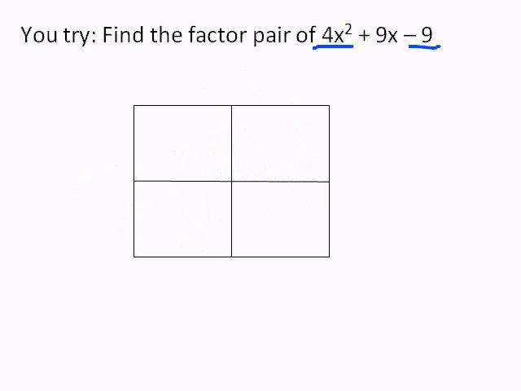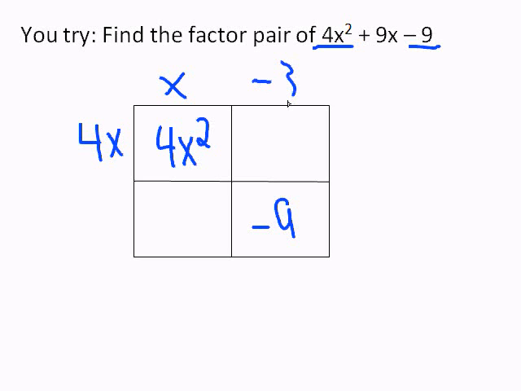So the other factors of 4x squared are 4x and x. So again, let's just try negative 3 and 3. So 4x times negative 3 is negative 12x, and x times 3 is 3x. When we combine our middle terms, the 3x and the negative 12x, we get negative 9x, and we want a positive 9x.